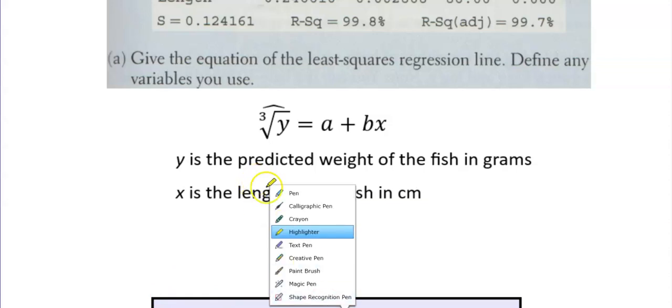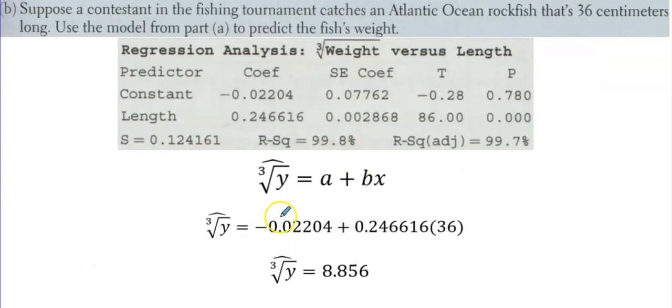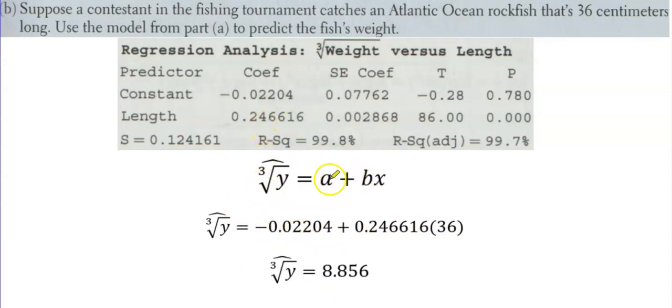So what my equation is going to be is the cube root of y equals, you know what, I wrote it down right here. Let's just jump ahead. There it is right there. There's my a. I didn't hide it from you. I hope you didn't cheat. Here's my a, my constant, right here. Here's the value of b, the coefficient of x, which is right here.